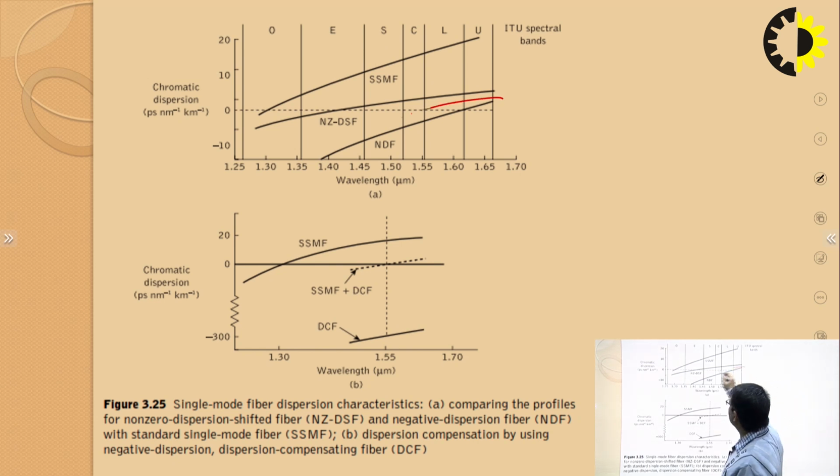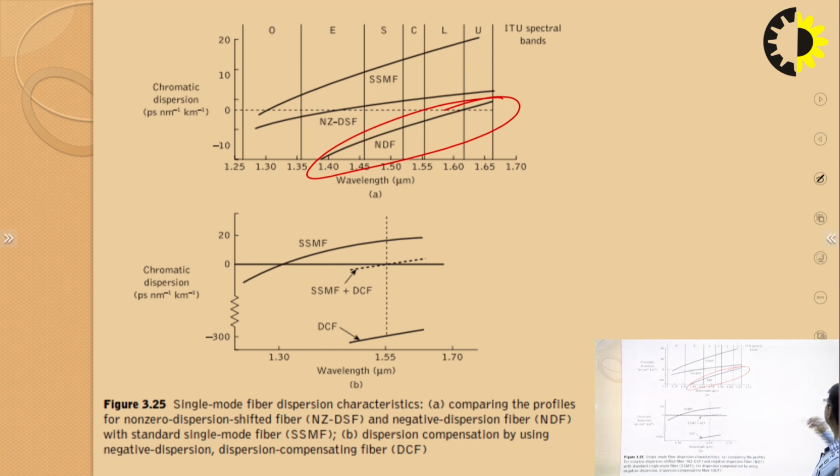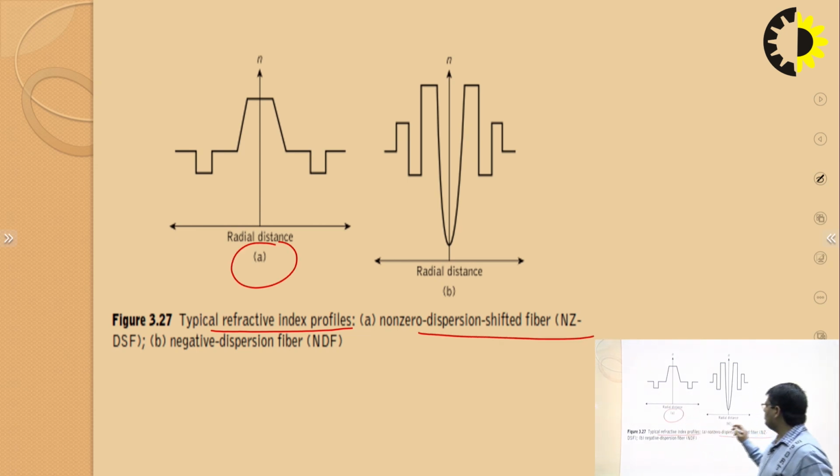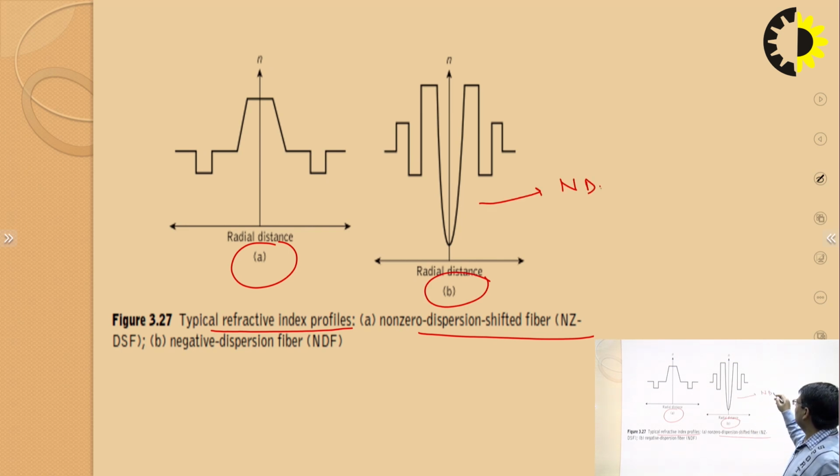So these are the characteristics corresponding to the negative dispersion fiber. These are two examples of typical refractive index profiles that can be used for achieving the non-zero dispersion shifted fiber. This type of index profile can be used for achieving the negative dispersion fiber. So negative dispersion fibers can also be obtained using this type of index profile design.